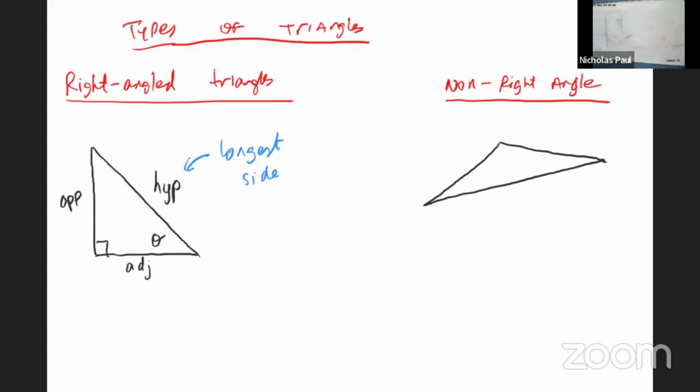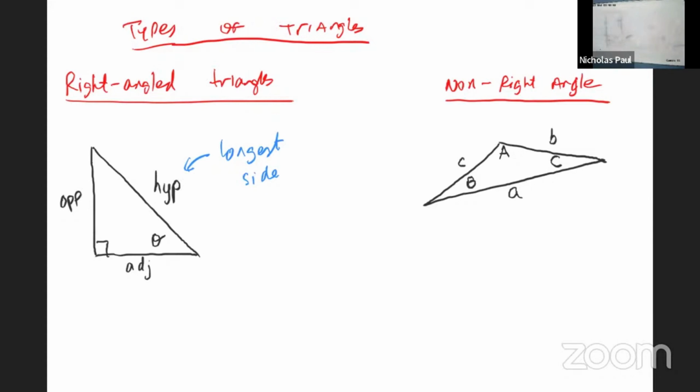When you're labeling, angles get capital letters, lengths get lowercase letters. If here's capital A, then opposite that is a lowercase a. If here's capital B, opposite that angle is your length, lowercase b. If here is your capital C, then opposite is your lowercase c. So lengths, lowercase letters; angles, capital letters.